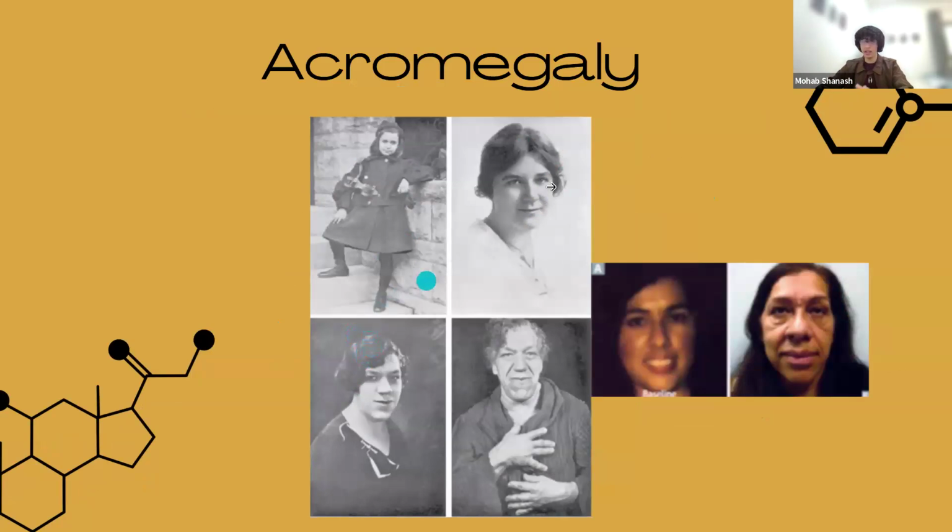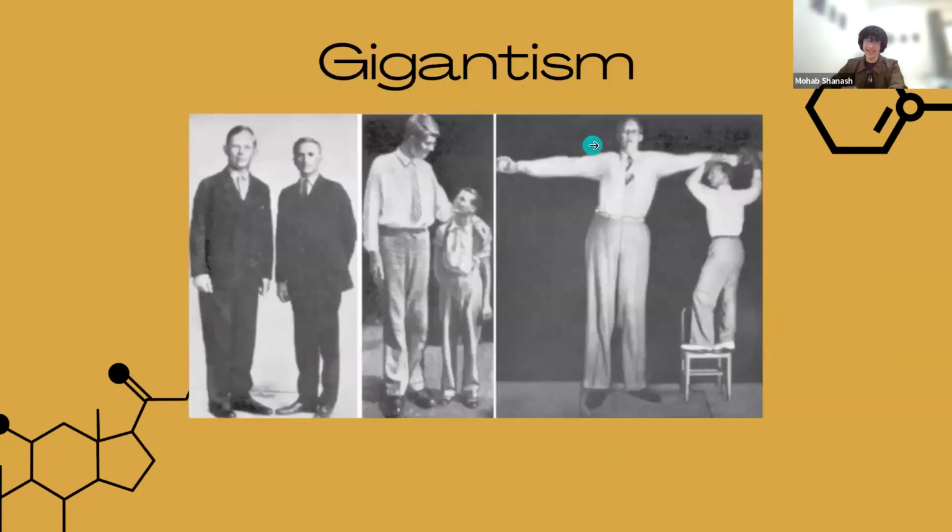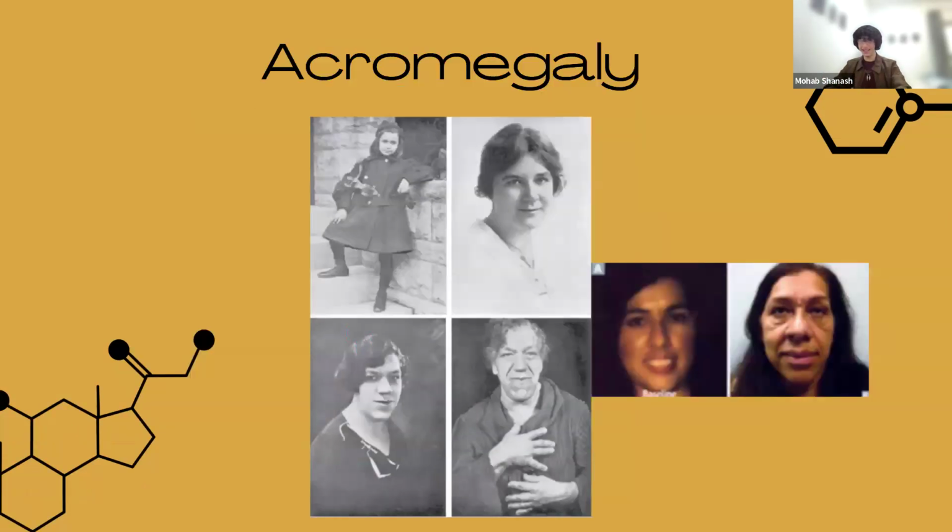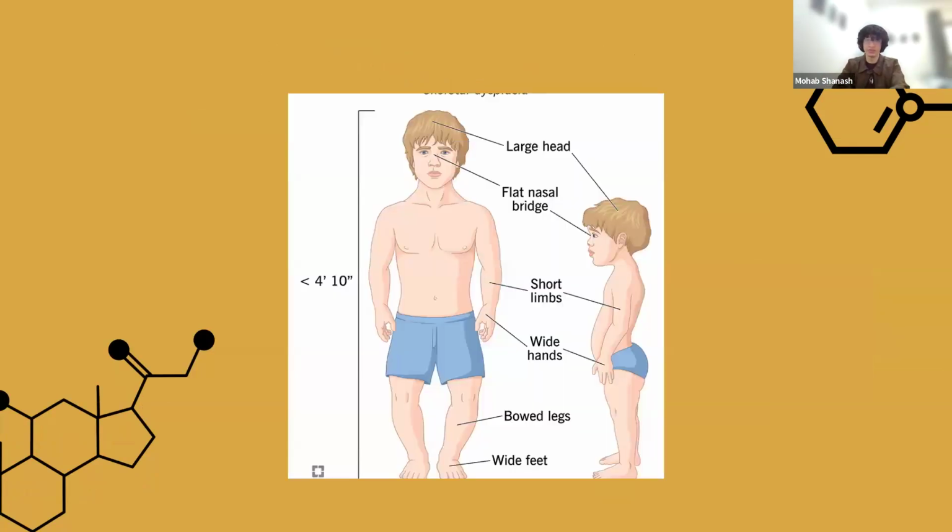Okay, acromegaly is growth hormone excess after puberty. And honestly, gigantism just sounds smoother to me, and it's easier to say on the tongue. Acromegaly is coarser, it's harsher, and that's how I remembered it when I was studying.